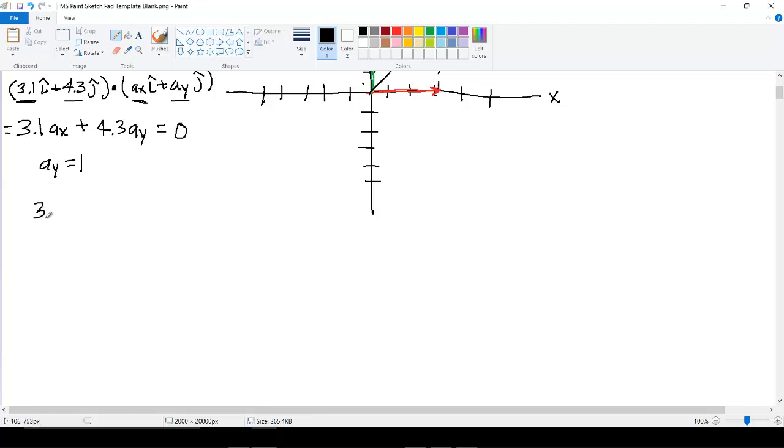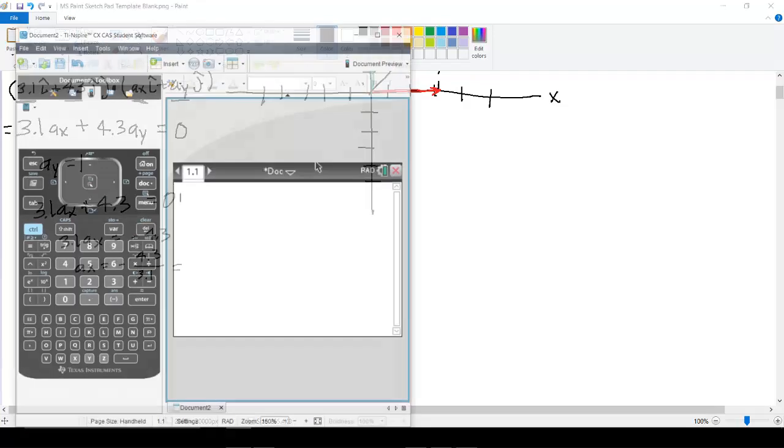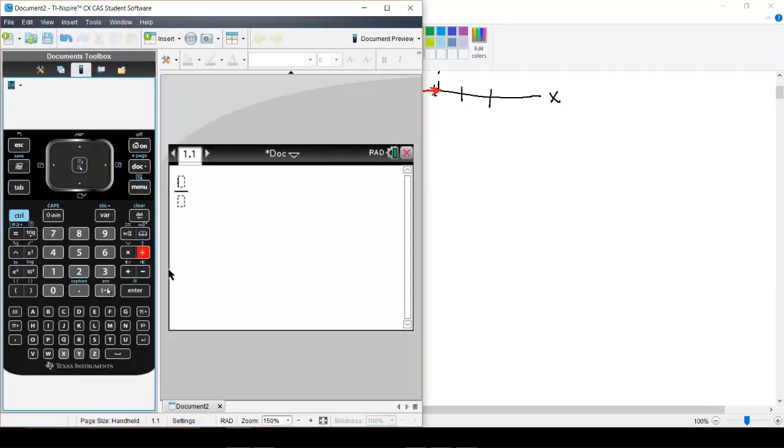So then I get 3.1 Ax plus 4.3 times 1, because that's just 4.3, equals 0. I'll solve for Ax, so 3.1 Ax equals negative 4.3, and then Ax equals negative 4.3 over 3.1.